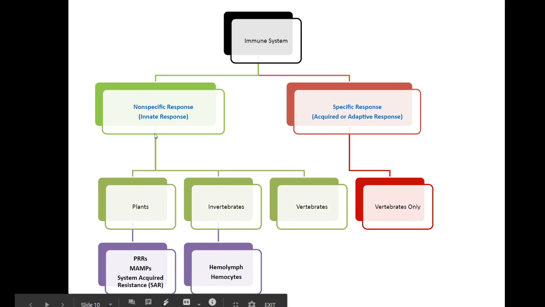So, pretty straightforward. The non-specific response for plants is going to use these signal molecules, the MAMPs. They will bind to very particular pattern recognition receptors, PRRs, and that will then cause the resistance to kick in, where it starts to close off to make sure that nothing leaves.